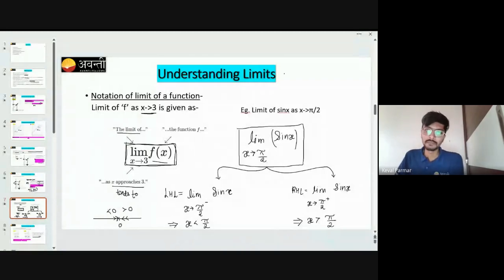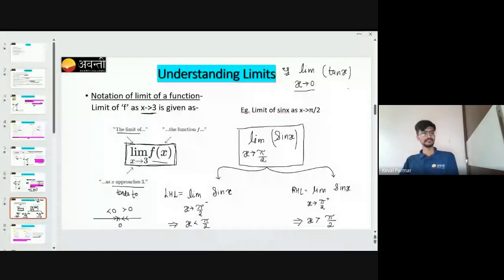Let us take one more example for your clear understanding. If I take limit x tends to 0 of 10x, how will I read it? Limit of 10x as x tends to 0.